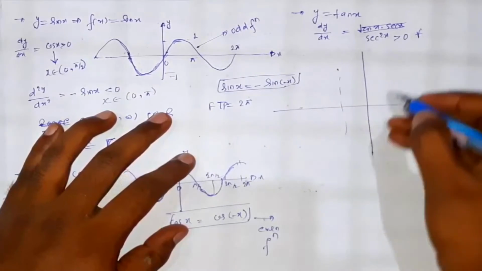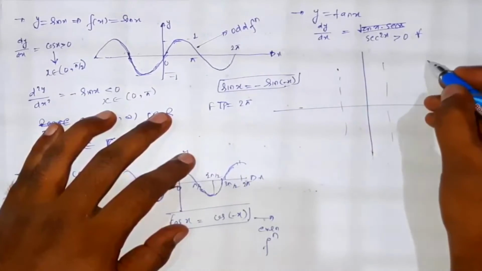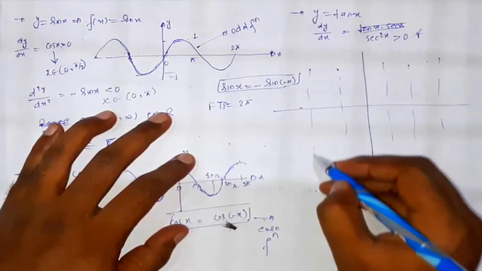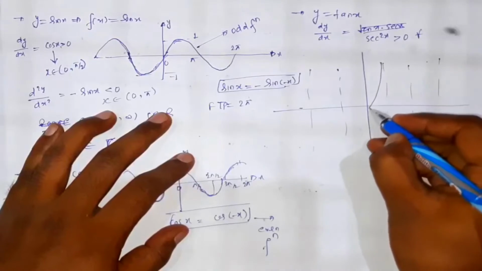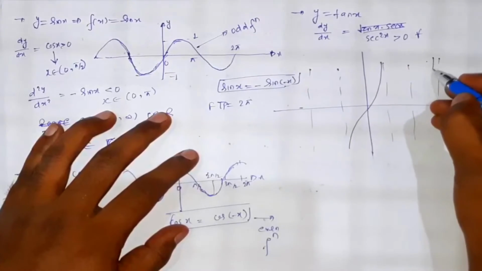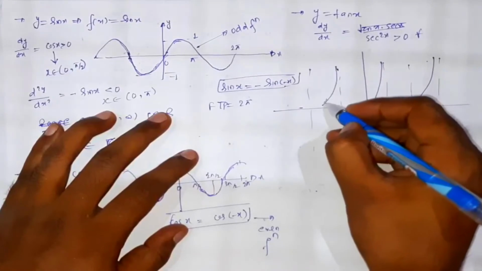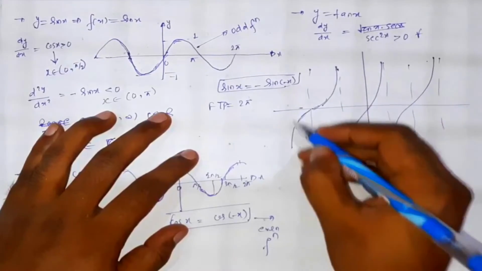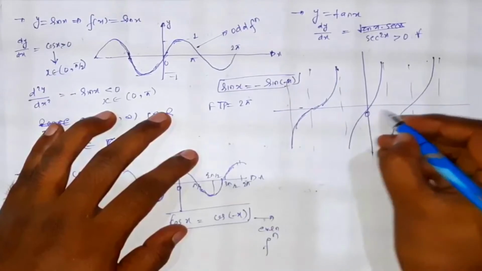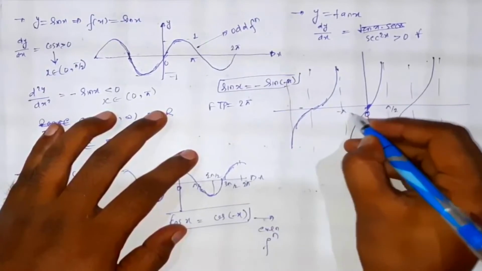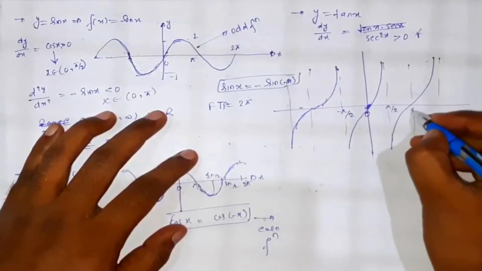This is from here to here, from here to here, from here to here, like this. 0, this will go through origin, pi by 2, this is minus pi by 2, and this is pi.